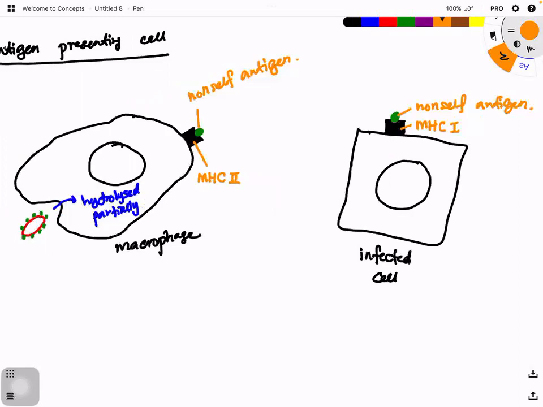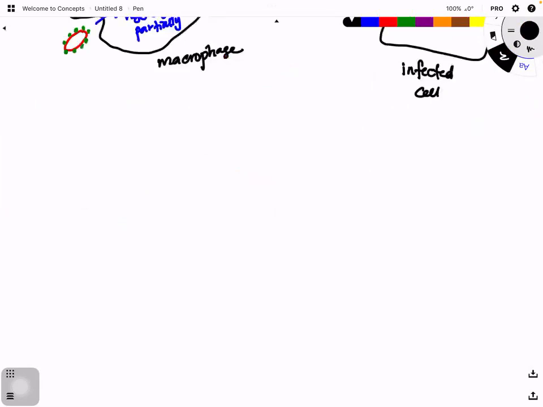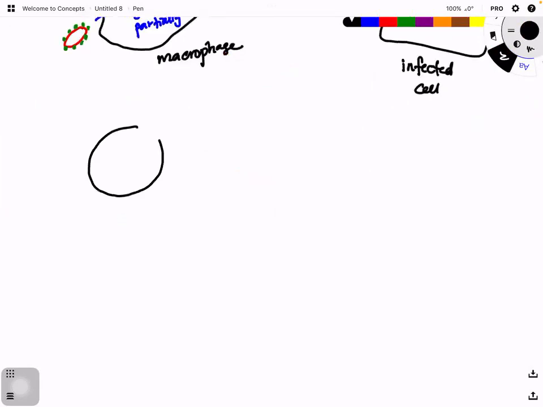Now, it depends. Just now we know that we have the T helper cell, or helper T cells. Helper T cells have the T cell receptor and also the co-receptor.